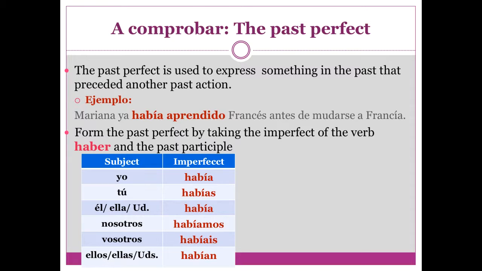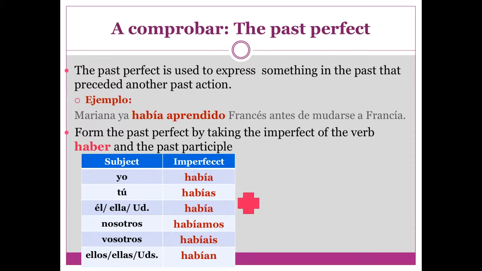So, yo había, I had. Tú habías, you had. Él, ella, usted, había. Nosotros habíamos. Vosotros habíais, but we're not going to concentrate on vosotros. Ellos, ellas, ustedes habían.